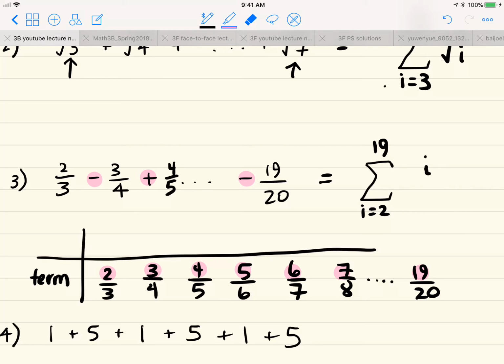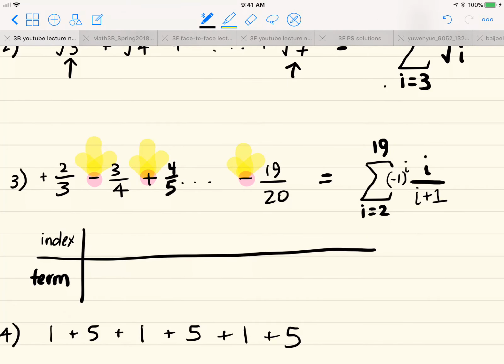So I saw a pattern, a fraction, and down here is my index. I'm starting with i equals 2, and I stop at i equals 19. So i equals 2, 3, 4, 5, all the way down to i equals 19.